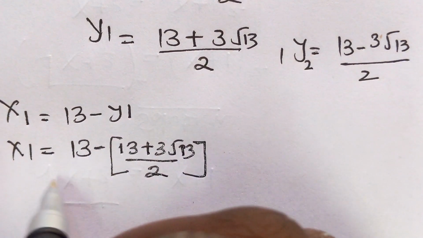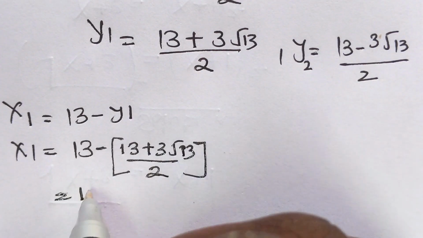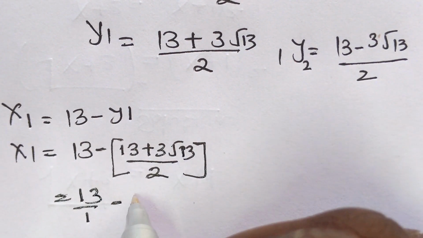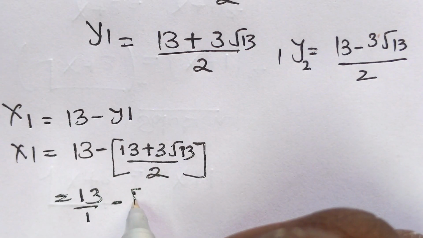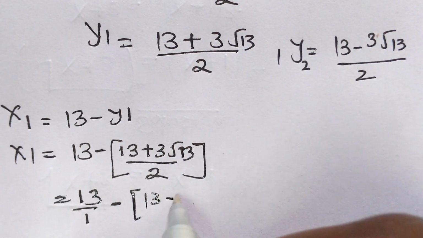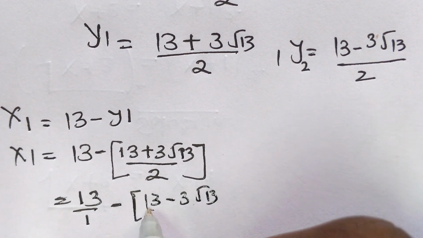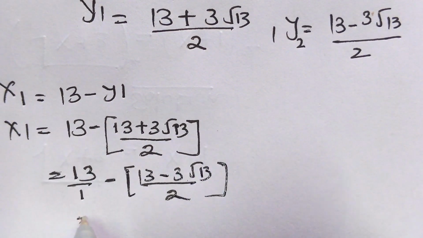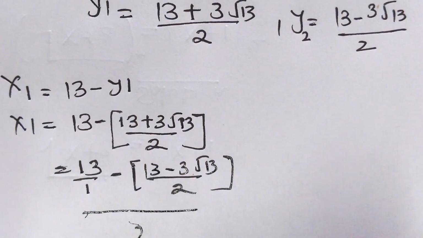Of course, this is 13 over 1 minus 13 plus 3 square root of 13 over 2, with a denominator of 2.